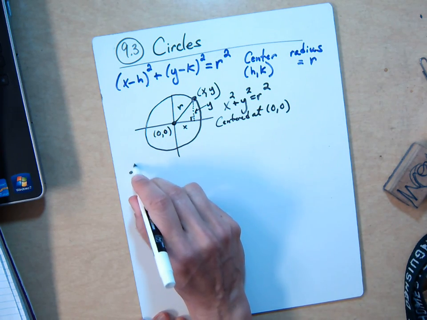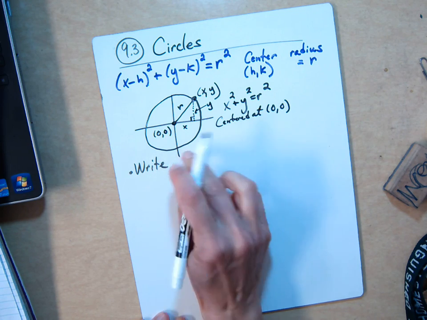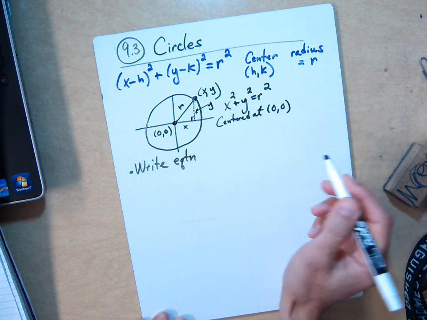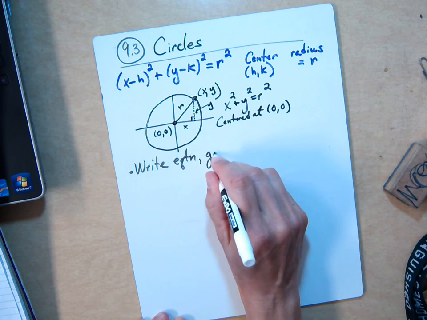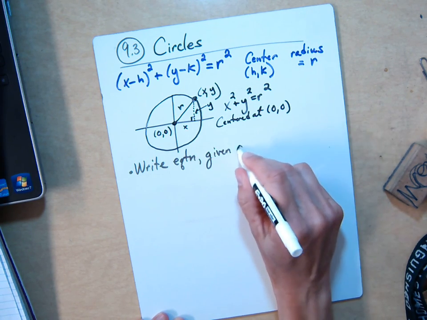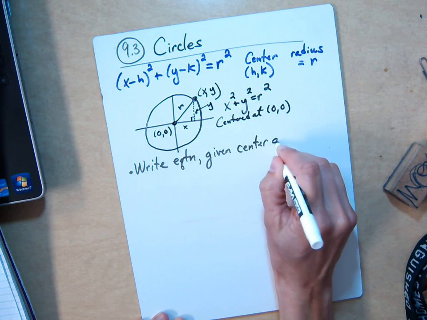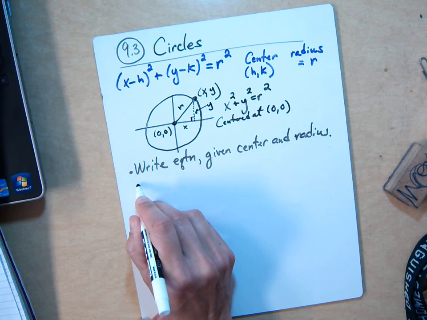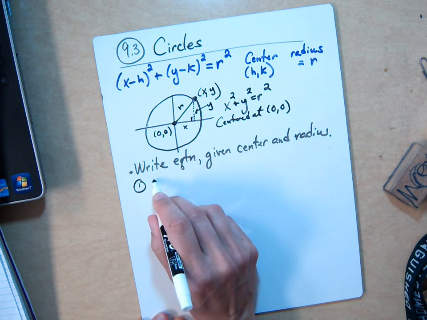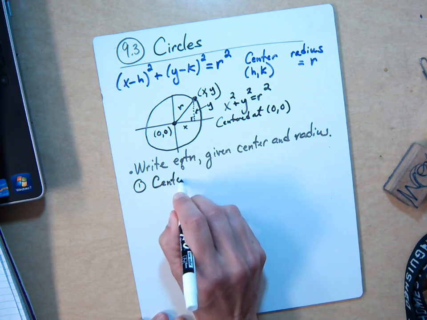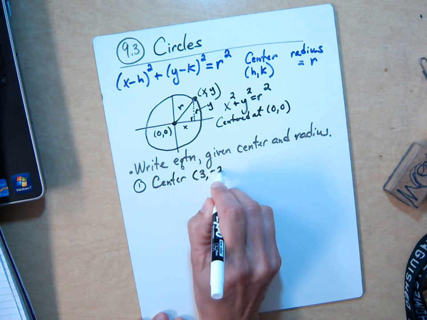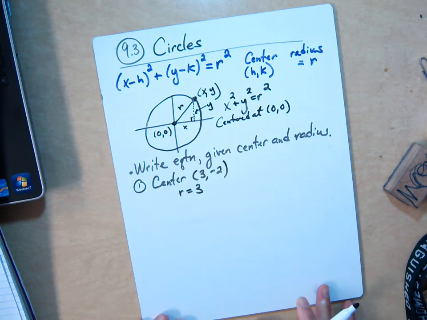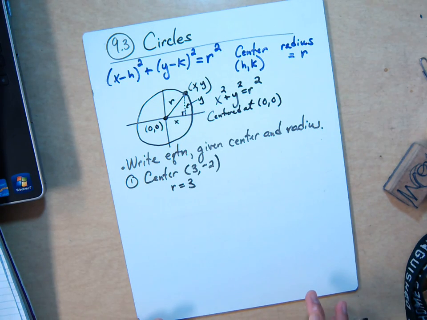One of the test objectives for our last unit test would be to write the equation given the center and radius. So the first one: if I tell you the center of our circle is at (3, -2) and the radius length is 3, and I want you to tell me what the equation is.